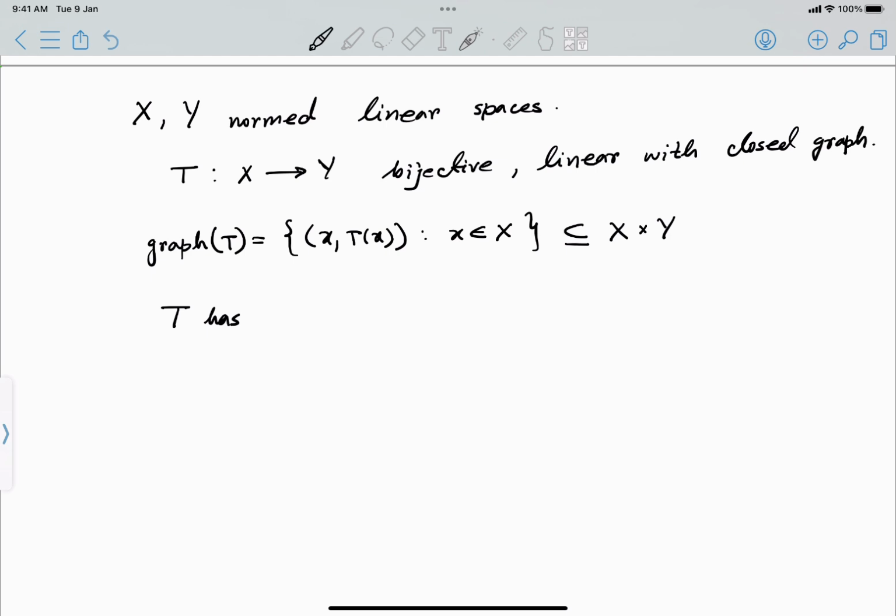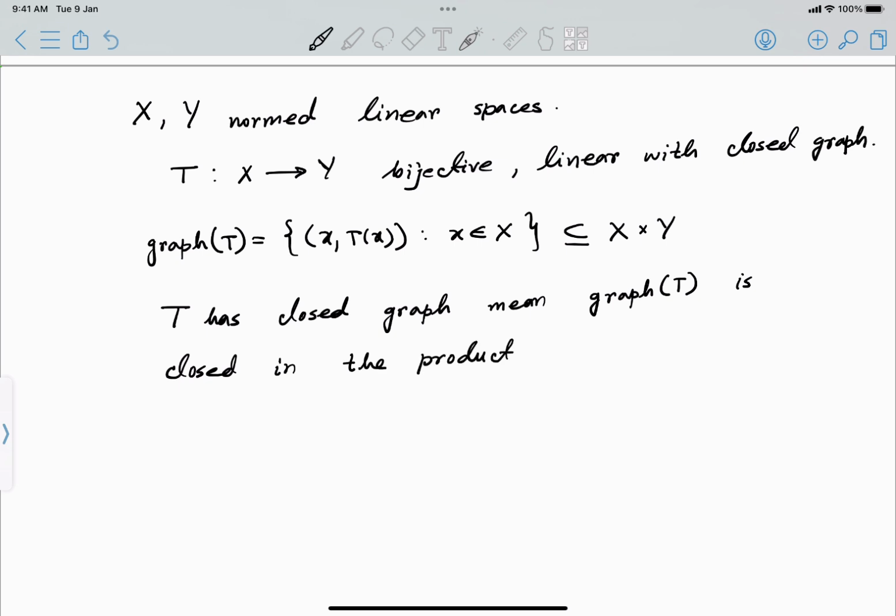T has closed graph means the graph of T is closed in the product topology X cross Y. Okay.